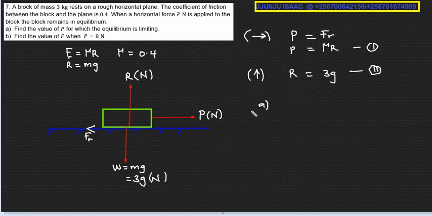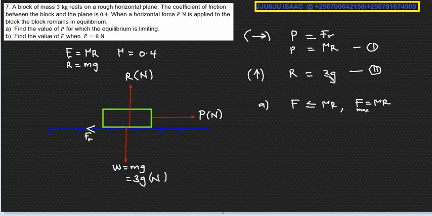Part A, the value of P for which the equilibrium is limiting. We have said that at limiting equilibrium, because we know that always friction is less or equal to mu R, at limiting equilibrium the friction force is going to be equal to mu R. That is the maximum friction force we shall get. That is when the block is at a point of moving but not moving.